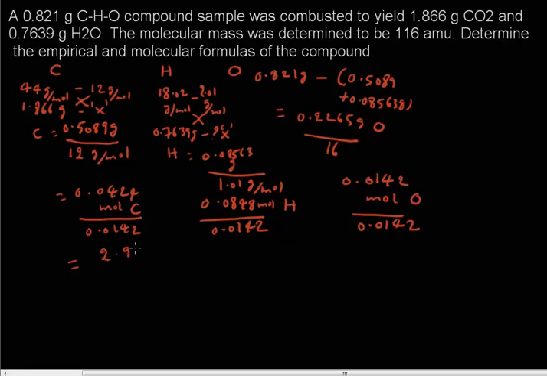Let's say I get 2.98 mole of carbon, 5.97 mole of hydrogen, and 1 mole of oxygen. I'm allowed to round off these values. The simple mole ratio I can round to 3 mole of carbon, 6 mole of hydrogen, and of course 1 mole of oxygen.